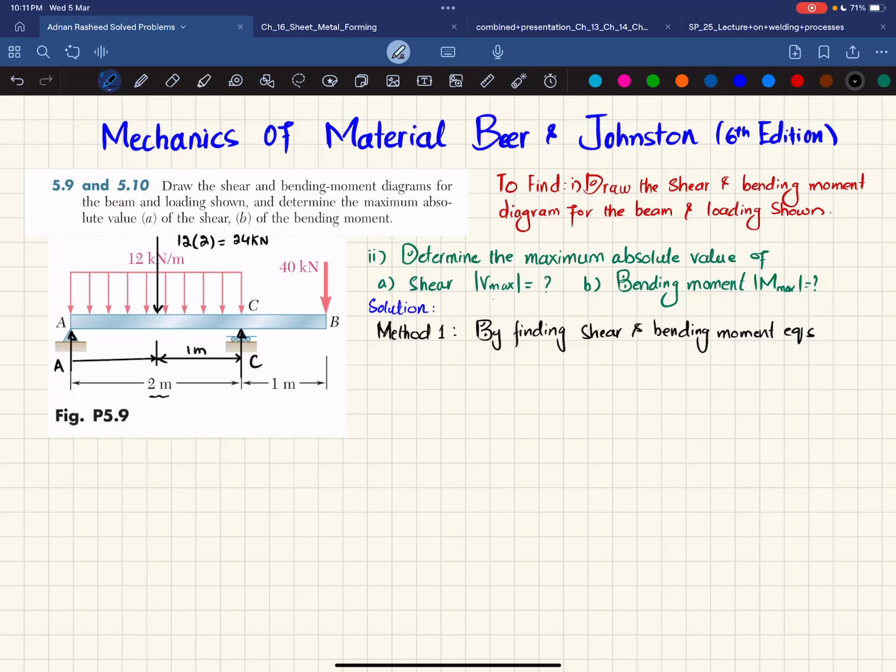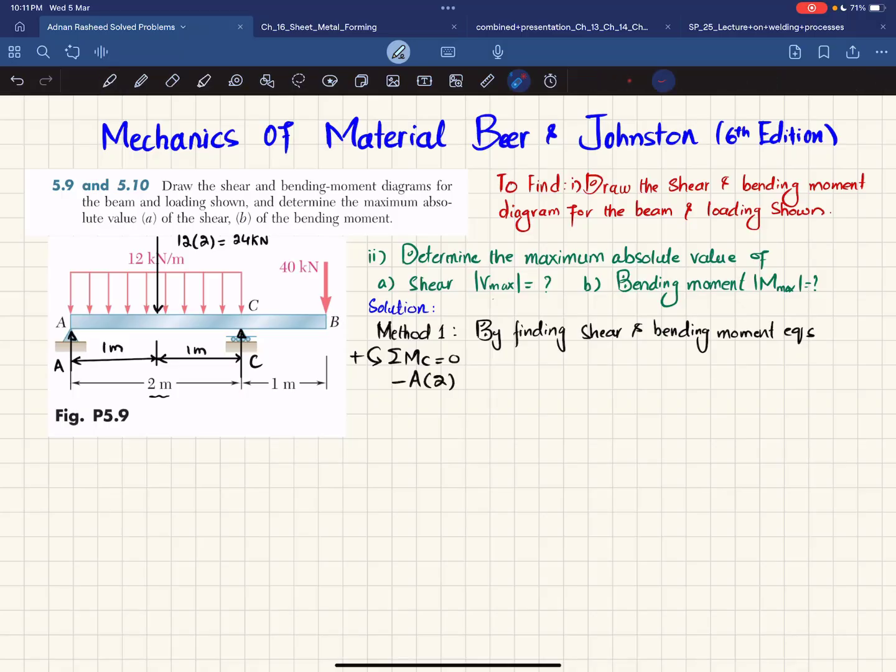Now we will find this A and C by using equations of equilibrium. The first equation of equilibrium is that the sum of all moments about point C is equal to 0, taking the counterclockwise moment as positive. About point C, the first moment is due to this A load, and the perpendicular distance is 2, and this is producing clockwise moment, so it will be negative. So I can write minus A multiplied by 2.